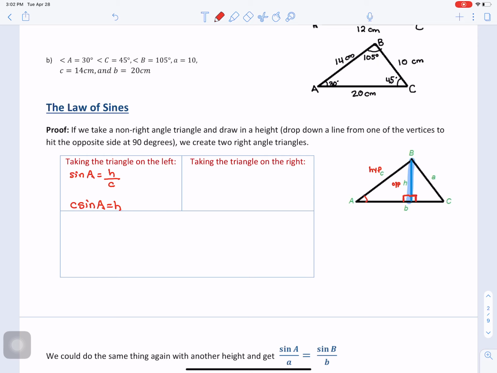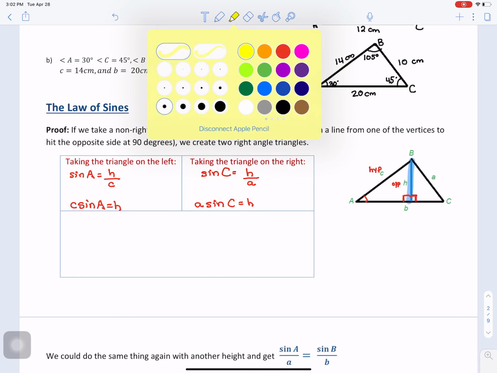Now I'm going to do the exact same thing on the right-hand side. I'm going to take sine of my angle C, it's equal to my opposite, which is my h again, over my hypotenuse, which is lowercase a, and I'm going to multiply both sides by a, so a sine C is equal to h. So what I do now is use the transitive property.